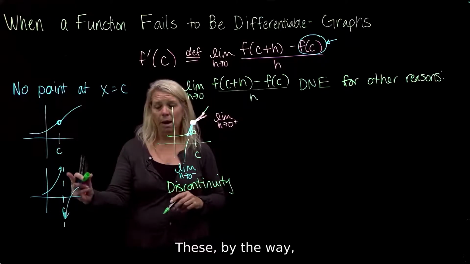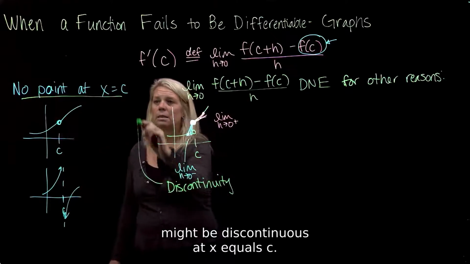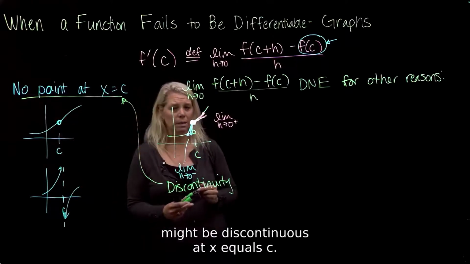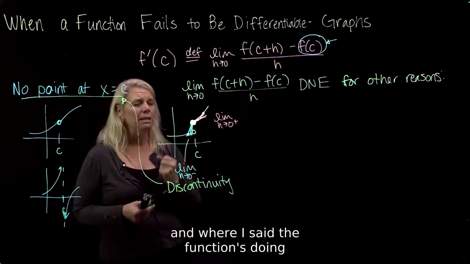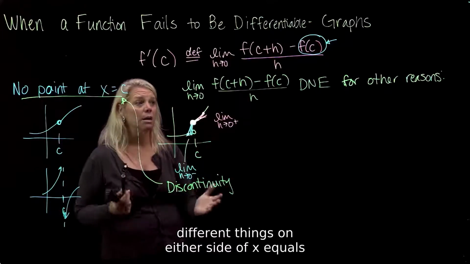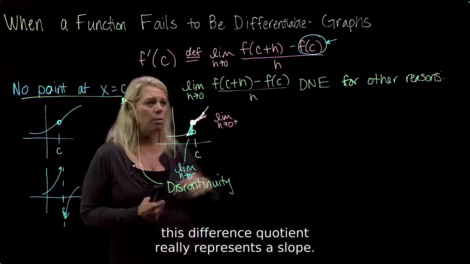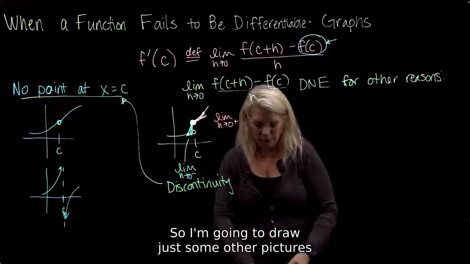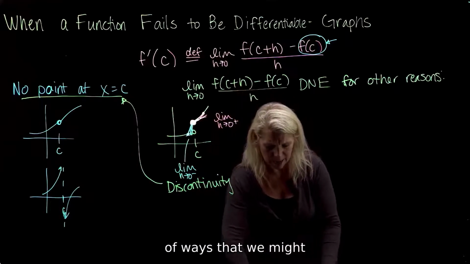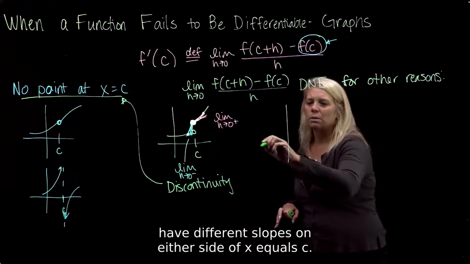These, by the way, are also some other pictures of ways that a function might be discontinuous at x equals c. But there are some other ways too, where the function's doing different things on either side of x equals c, and remembering that this difference quotient really represents a slope. So I'm going to draw just some other pictures of ways that we might have different slopes on either side of x equals c.